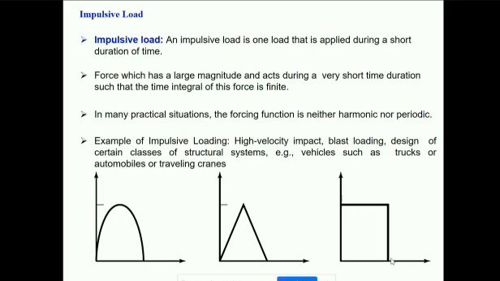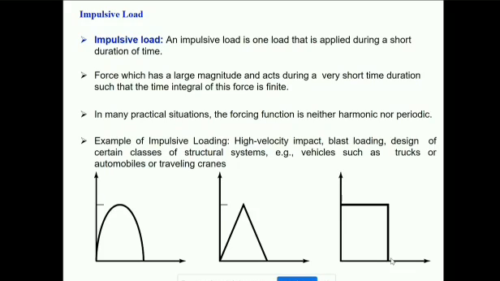What we'd like to say is that a force which has a large magnitude and acts during a very short time duration, such that the time integral of this force is finite, is known as an impulsive force. That is one of the characteristics. In many practical situations, the forcing function is neither harmonic nor periodic. That means it may be any erratic function.